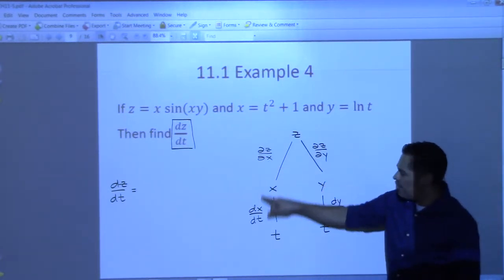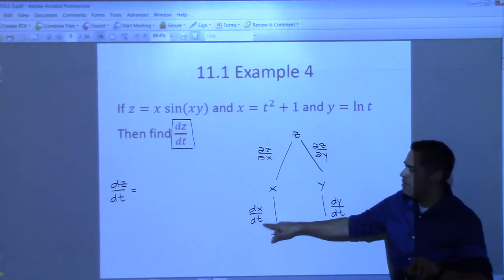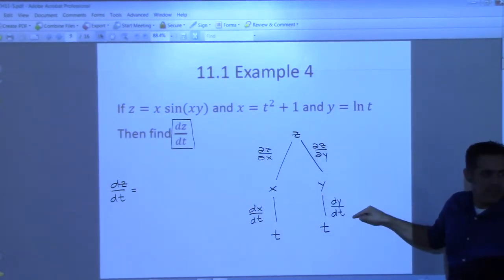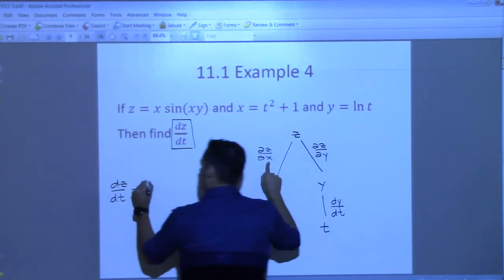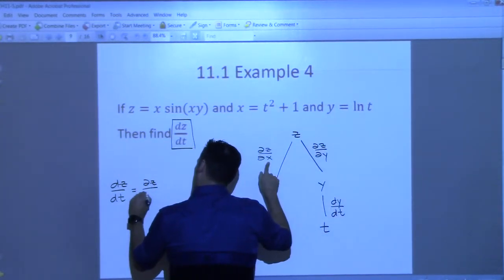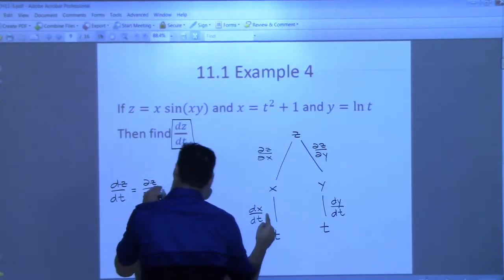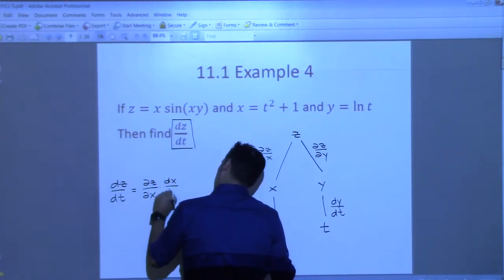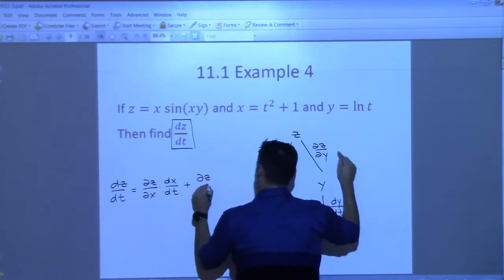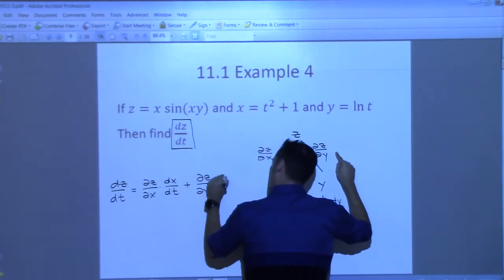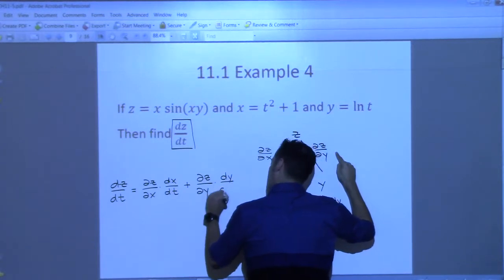So you're going to go this times this plus this times this, and that's going to be what the derivative is. That make sense? So I'm going to go partial z with respect to x times partial x with respect to t plus partial z with respect to y times dy dt.